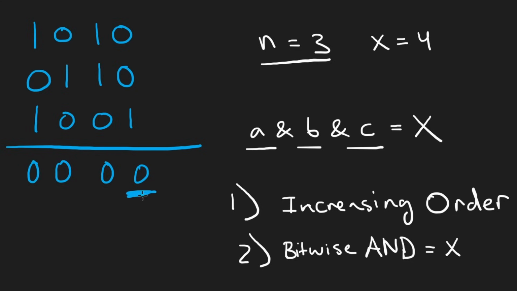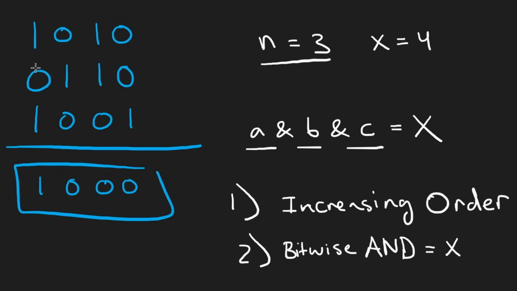For one of these bits to be set, for let's say this one to be a 1, we would need all of the bits here to be 1. Let's say we ended up with a result that looked something like this, like 1, 0, 0, 0. Or 3 zeros, sorry. Let's say this is what we got, and I changed this to a 1. If this is equal to x, what does that tell us?